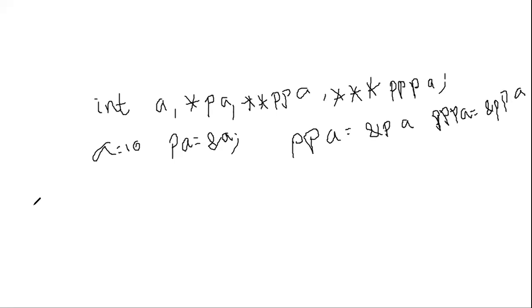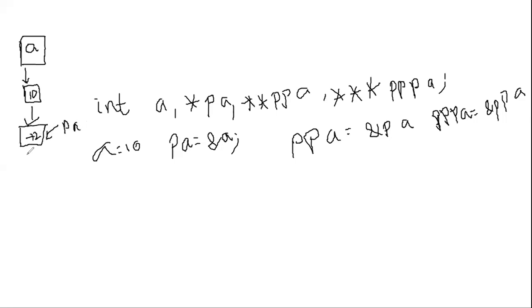So how is the memory located? See there, for example, this is the variable name A. It has some value, 10, and it has some address, minus 12. This address will be placed in PA.